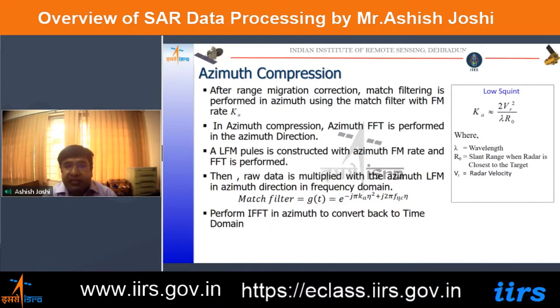So this is the whole range Doppler algorithm, in which we basically do 3 steps. First is the range compression, then the RCM correction, and after that the azimuth compression. Doing these 3 processes, we compress the data and process the entire raw data.